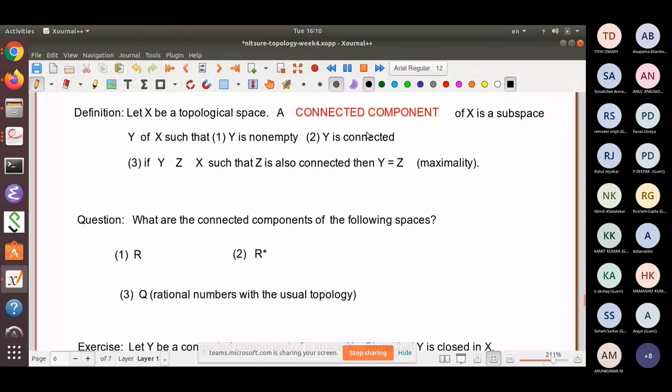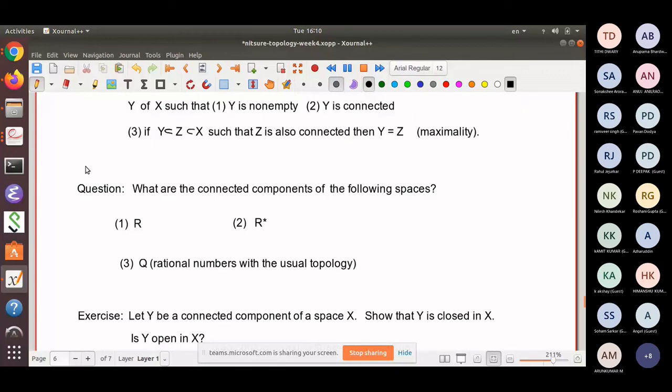Y should be connected, and if Y subset of Z subset of X is such that Z is also connected, then Y should be equal to Z, meaning there is nothing larger which is connected. So this is a maximal connected subspace. There may be several such, each one of them is a connected component provided they are non-empty.